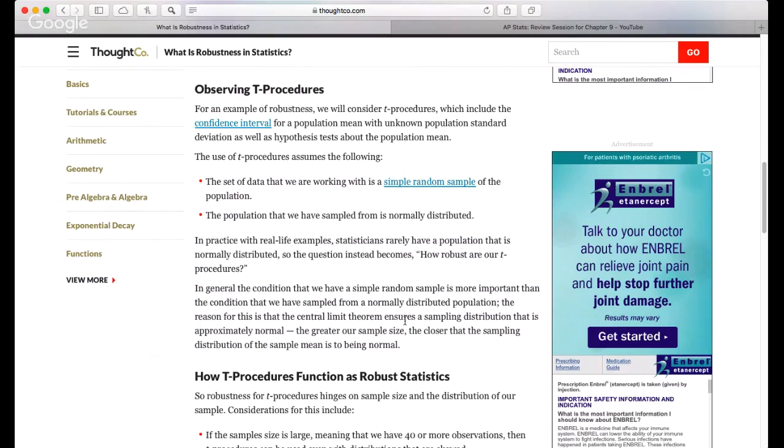As long as it's a simple random sample, we can use our results for our population, and we're going to be okay. I hope that makes more sense on robustness, and it may help more with a problem we can go over together moving forward, all right?